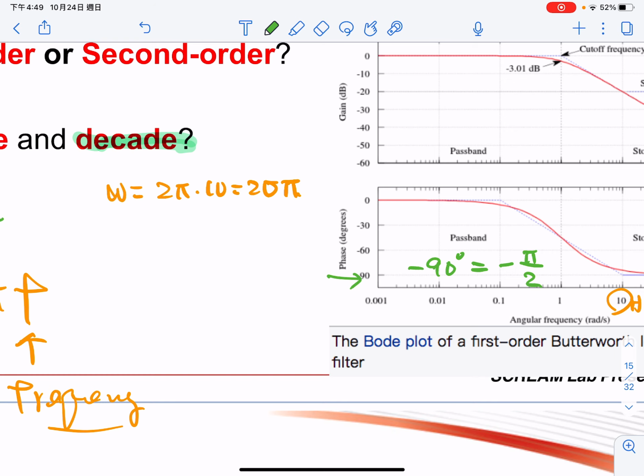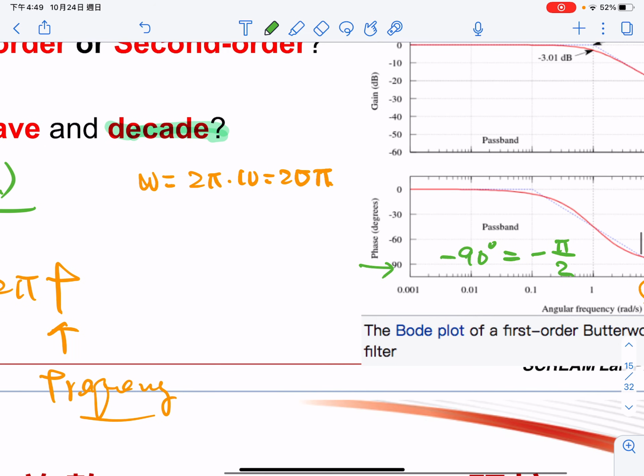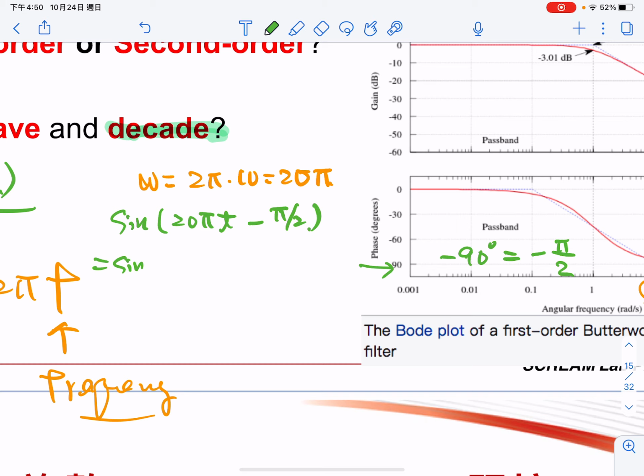So if I have a signal sine omega t, but now because omega is 20 pi, it will be 20 pi t minus pi over 2. But let's take out the 20 pi from the t.